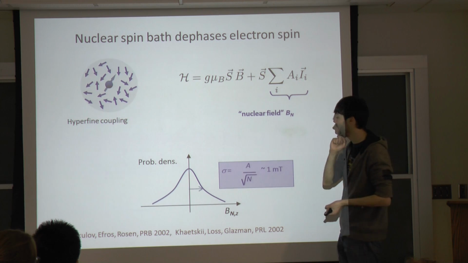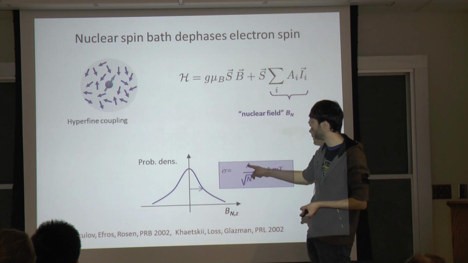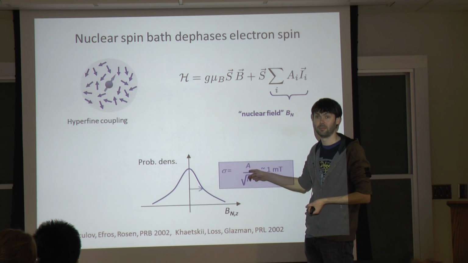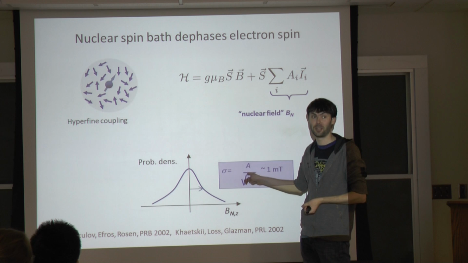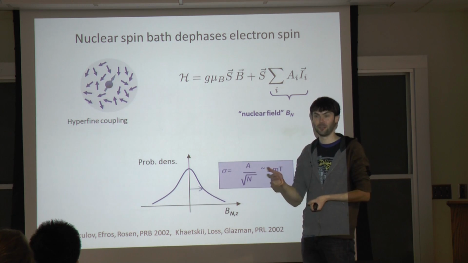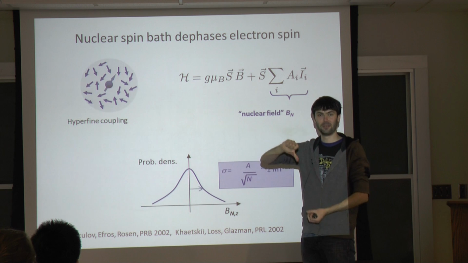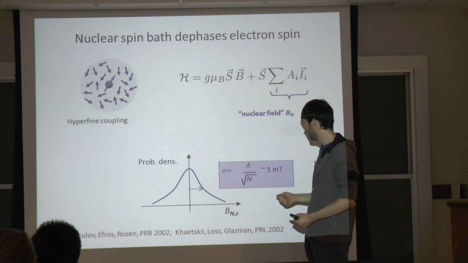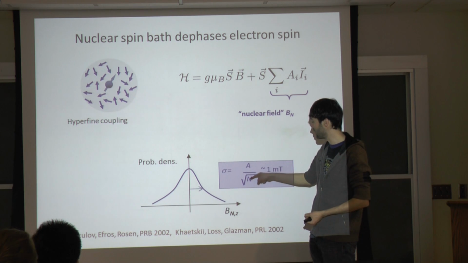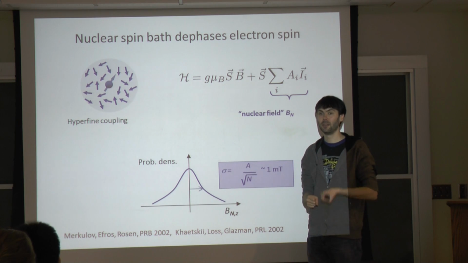So it turns out in gallium arsenide, the strength of this A is pretty large, 5 Tesla. Very large field. So if we just had one nucleus, it would have a huge effect on the electron. The nucleus flips and the electron goes, ooh. But we have 1 million. So we have to divide this by square root N, which will be several thousand.